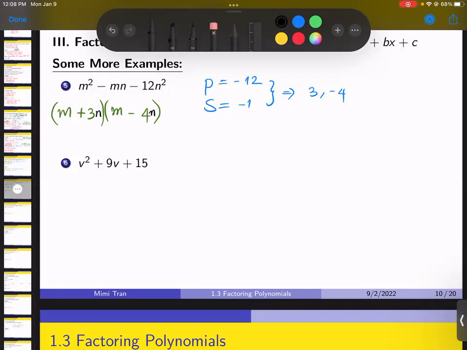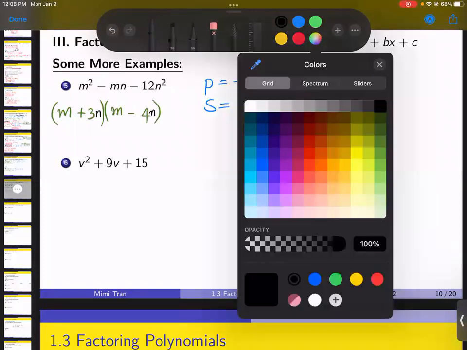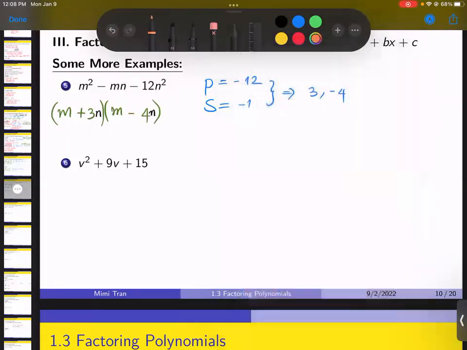You can check. So let's check by foiling. So m times m is m squared. M times -4n is -4mn. 3n times m is positive 3mn.